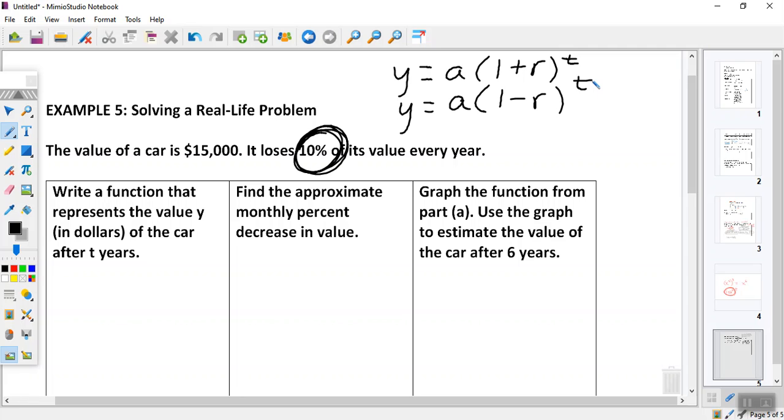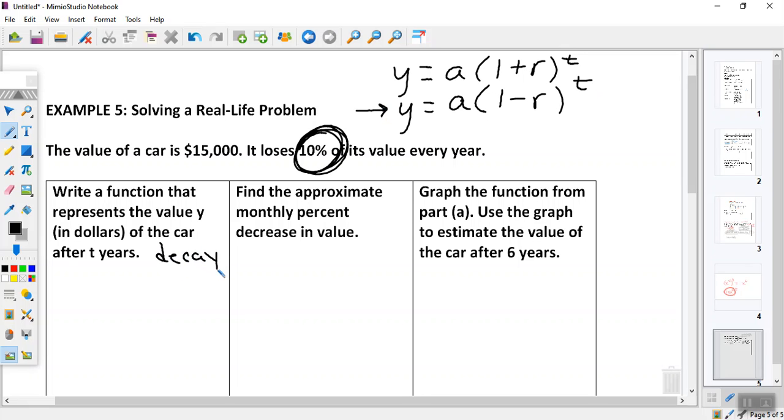Okay? Now this is a decay problem because the value of the car over time is going to do what? Go down. So am I adding 10% value or subtracting 10% value each year? So which of these first two equations do I use? The first one or second one? We're going to use the second formula right here. Okay? So we know that this is going to be a decay.